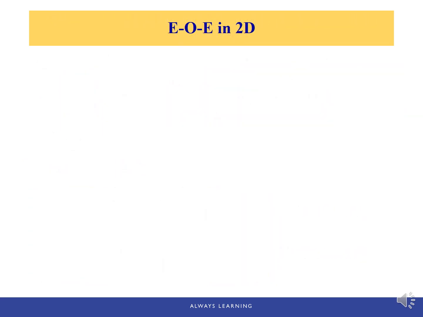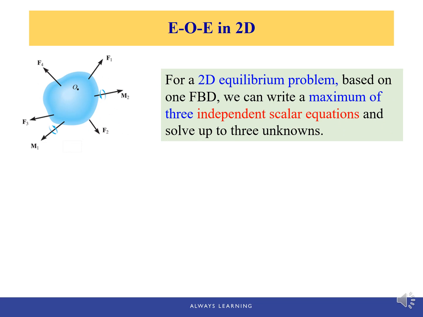So when we have a rigid body equilibrium problem, no matter whether it is a 2D or 3D problem, we always have two vector equations, one for the force and one for moment. But if we have a 2D problem, based on one free body diagram, we can write a maximum of 3 independent scalar equations and solve up to 3 unknowns.